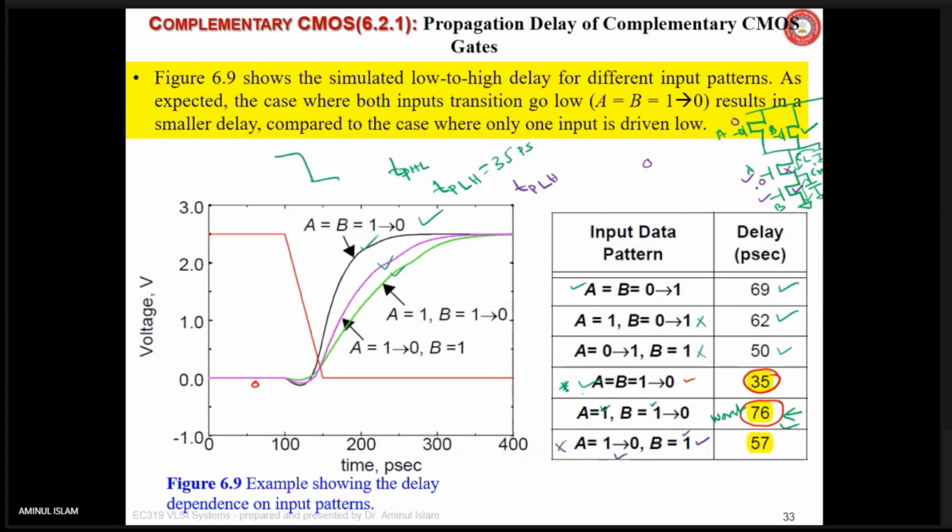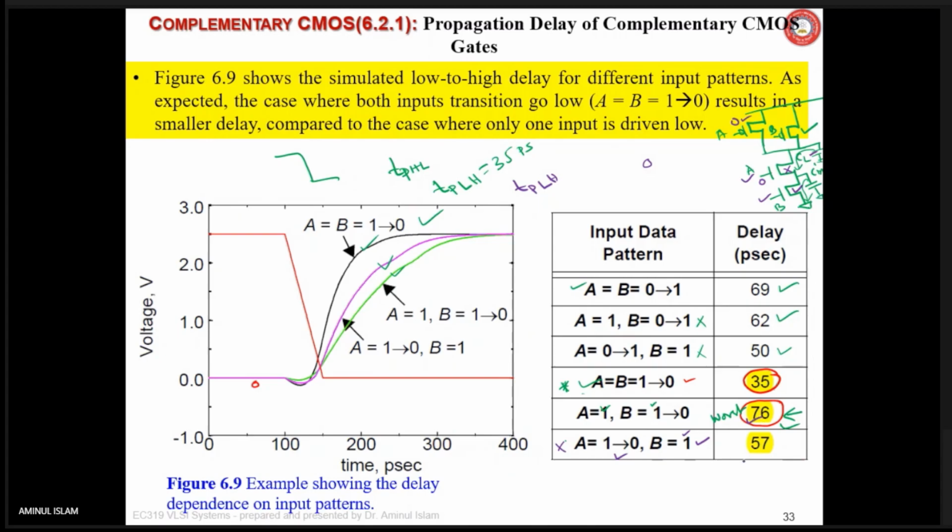Now this P MOSFET has to charge what? Only CL, not C int. Is it understood? So it will take less time, obviously, than this one.